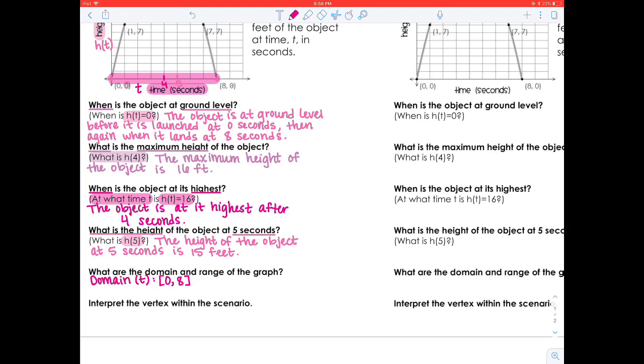And if you were asked to interpret this, this would be a time interval. So how long the object is projected.